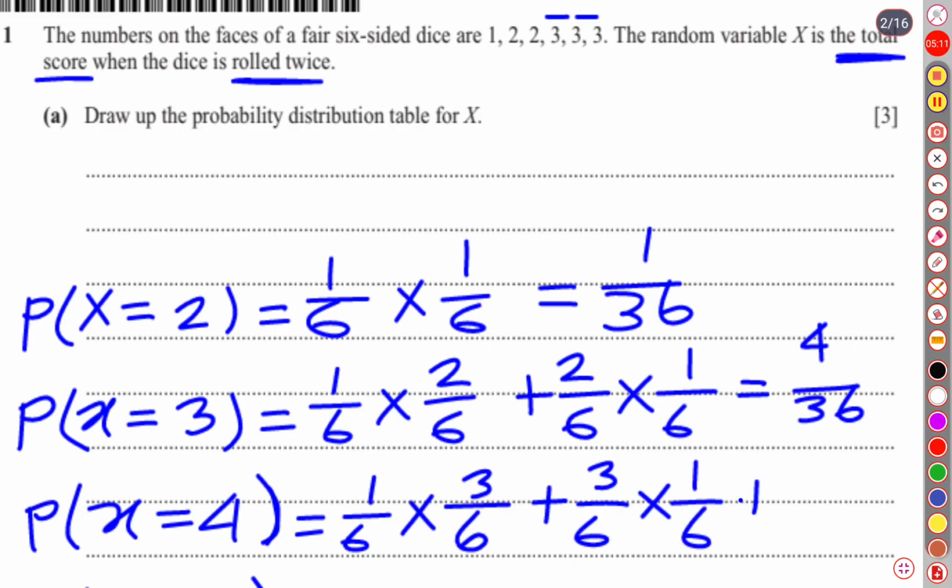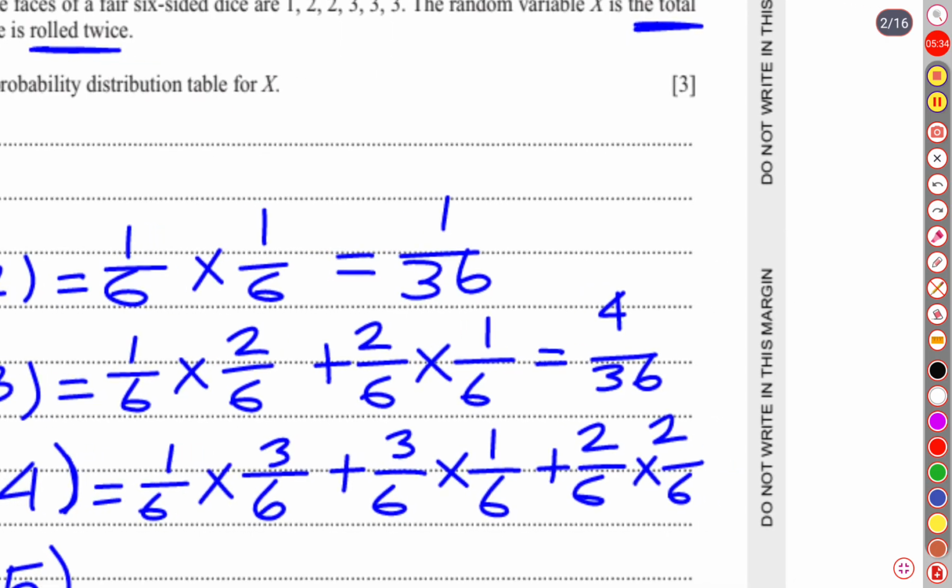But there is still one more possible case left, which is in the first roll we might get 2 and in the second roll also we might get 2. So it is 2 over 6 because there are two 2's out of 6, and in the second roll also we are getting 2 over 6. So finally what will our score be?